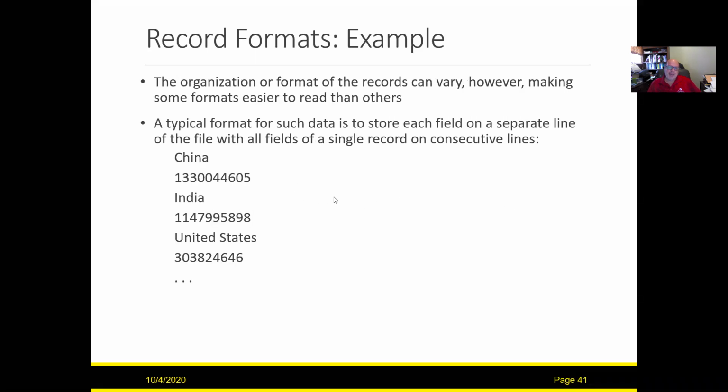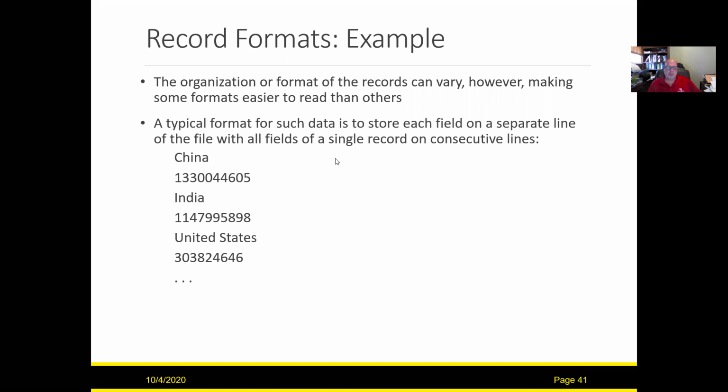So we have our records separated in different ways. We could potentially have a record be a name and population. So we can have name, number, name, number, name, number.